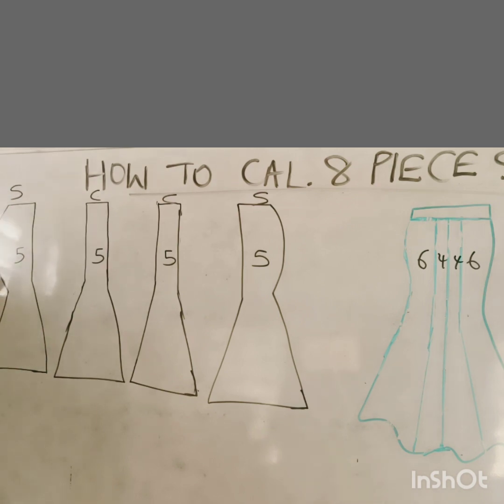Okay, and this side seam depends on if you are going to be turning with a lining or you just want to sew the side like that. So you need between 1 or 1.5 inches for this side seam.